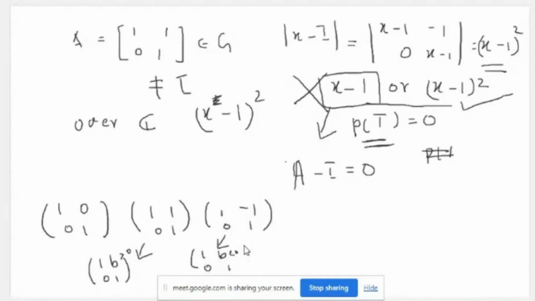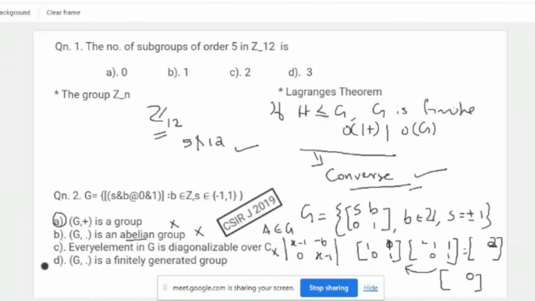And if needed, we can include one more element, minus 1, 0, 0, 1. These elements are enough to generate this group. You can get every element in G as some power of these matrices or some combination of these matrices. So that it is a finitely generated group is the correct option. For the second question, the answer is D. Is it clear for all?